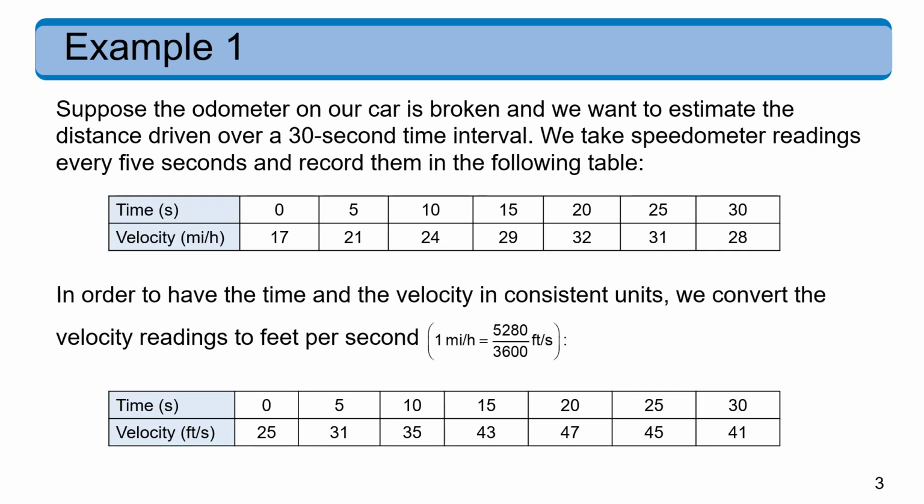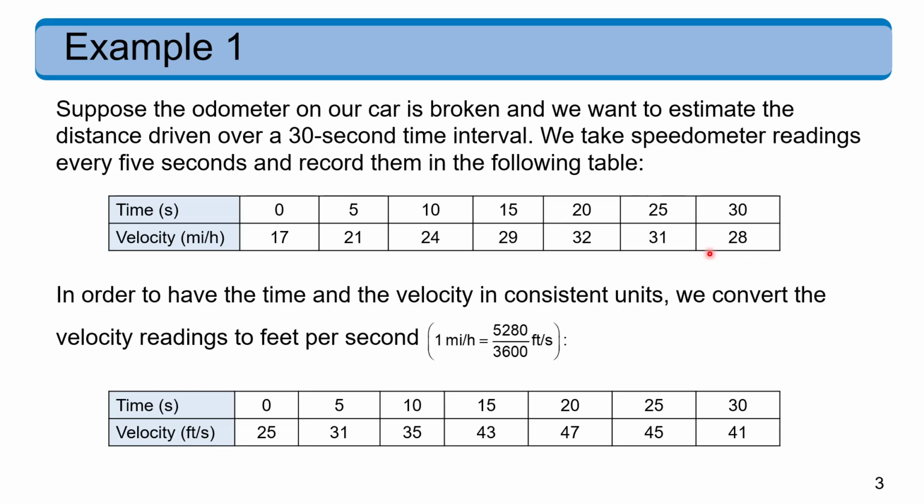So let's look at this example. Suppose the odometer on our car is broken and we want to estimate the distance driven over a 30-second time interval. We take speedometer readings every 5 seconds, and they're recorded in this table. So the velocity in miles per hour is recorded every 5 seconds, and notice the velocity is not constant, it's changing, for a total of 30 seconds.